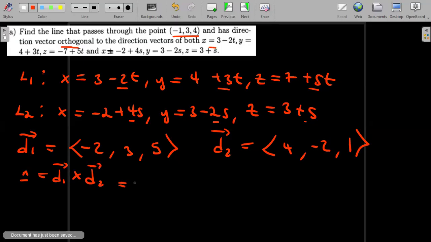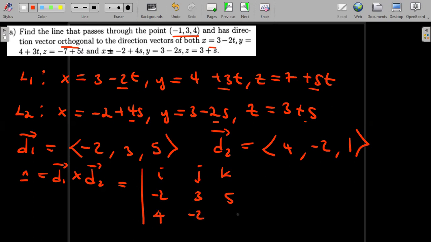This is going to be equal to a determinant with i, j, and k, these being my unit vectors. Then I put in D1 first, which is -2, 3, 5, and then the other one is 4, -2, 1. So I must find the cross product of this.